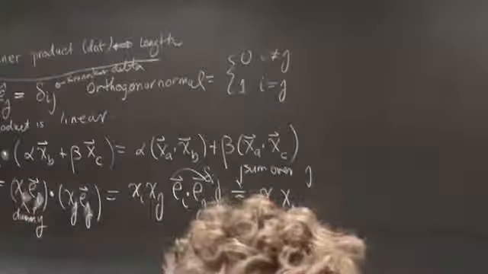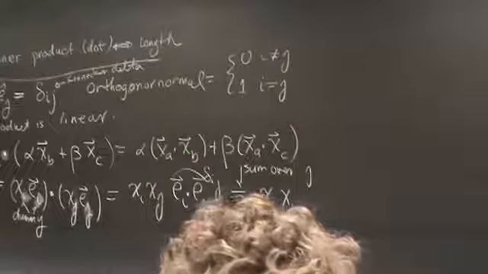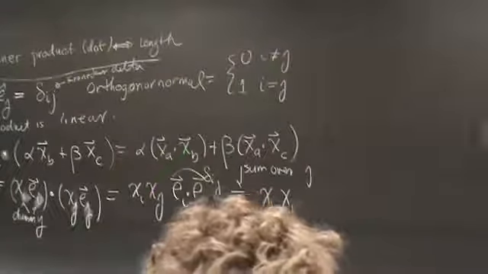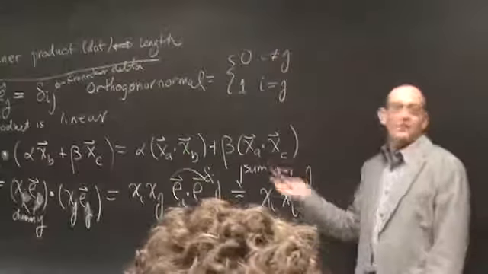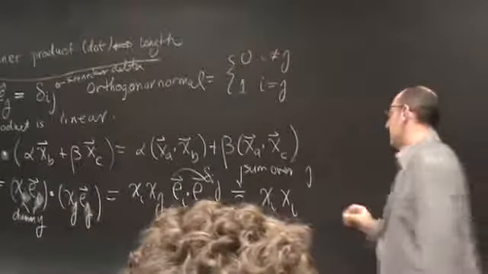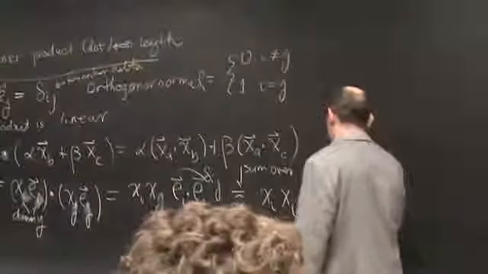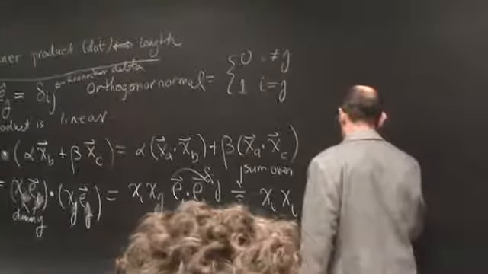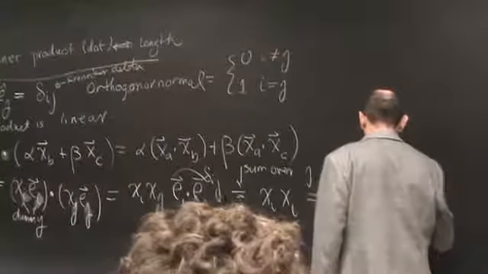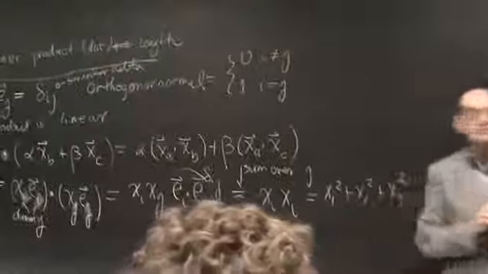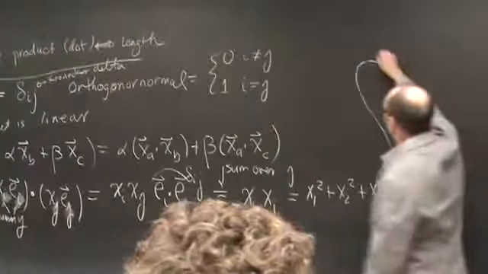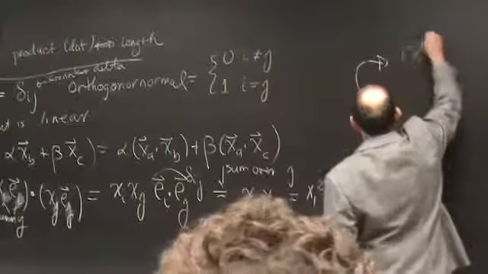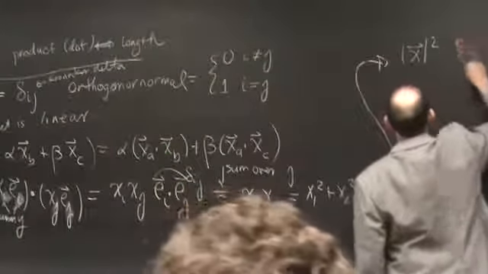Now this is a very pedantic way of writing something trivial that everyone knows, but just to show you how it all comes out, because we'll get to more complicated examples in a moment. And of course this means the sum of x1 squared plus x2 squared plus x3 squared, which is nothing more than the length of that position vector according to the Pythagorean theorem.